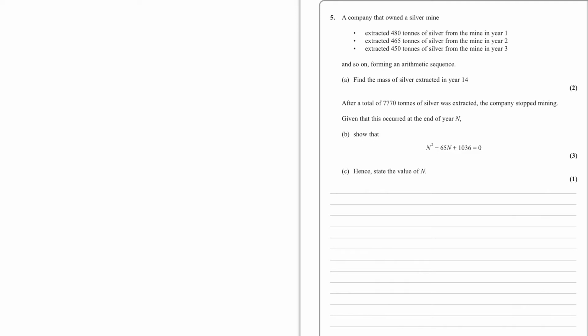So question 5, we can see straight away it's an arithmetic sequence. So a is 480, and d, the difference here, is minus 15. And then we want to find out the mass of silver extracted in year 14.